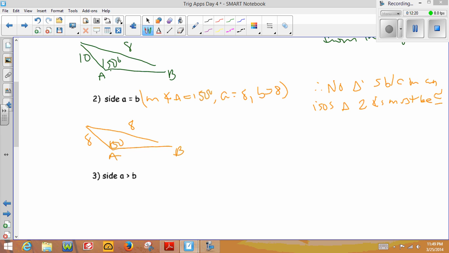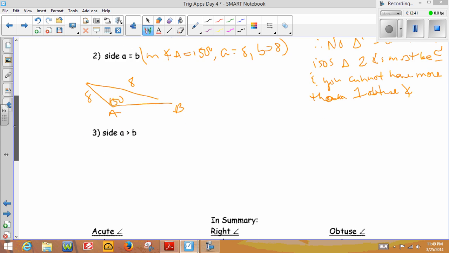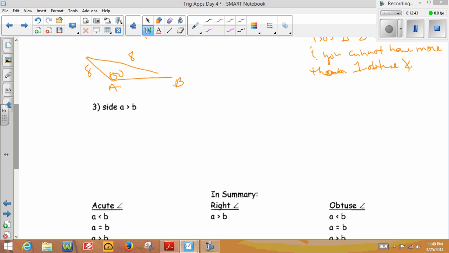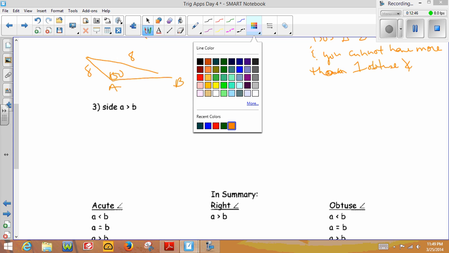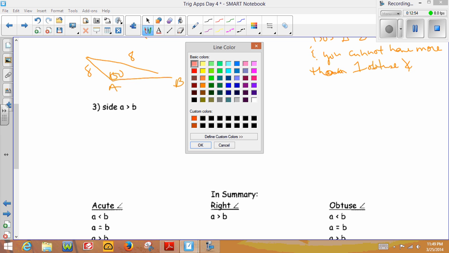And you cannot have more than one obtuse angle. Okay. Changing again. That's good enough.